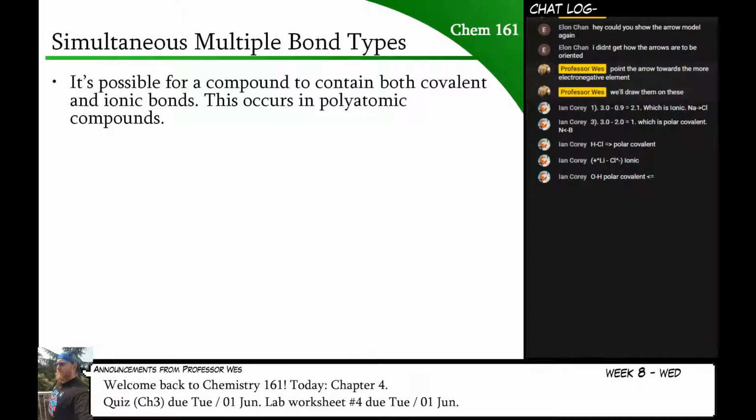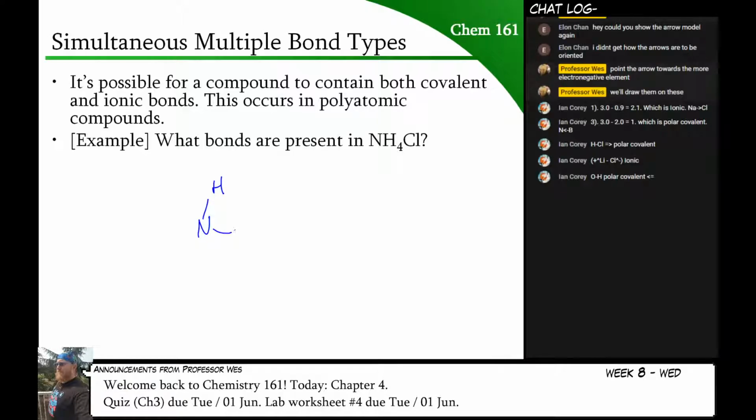Now, in some types of molecules, for instance, polyatomic ions, this is very common. You can have both covalent and ionic bonds at once. So, for instance, if I have ammonium chloride here, in ammonium chloride, I have covalent bonds between the nitrogen and the hydrogen.